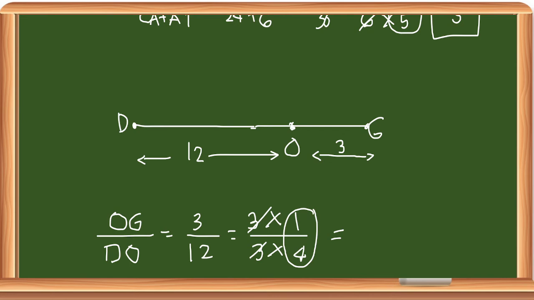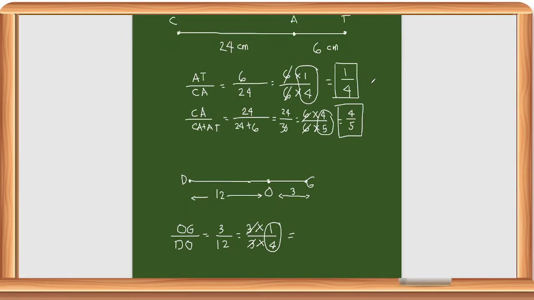As you can see, parehas sila ng ratio nitong isa dito. Yung ratio ng AT over CA is the same as the ratio of OG over DO dito sa pangalawa. Although they have different measurement, yung measurement from points C to T is different from the measurement of points D to G, but their respective segments have the same ratio.